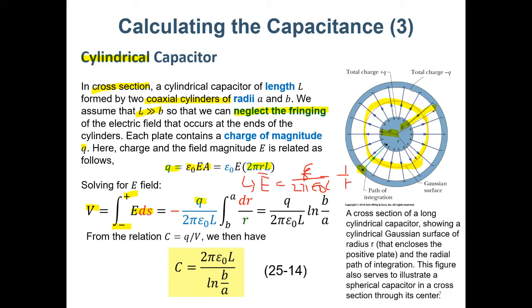And actually ds is negative dr, because ds goes from the outside to this side, but r is in the reverse direction. So when we consider ds, it will be dr with a minus sign.